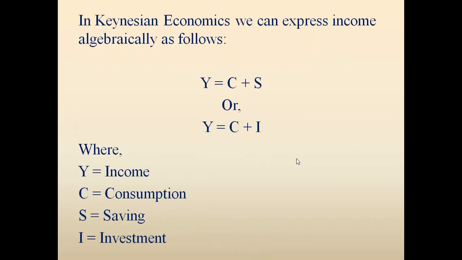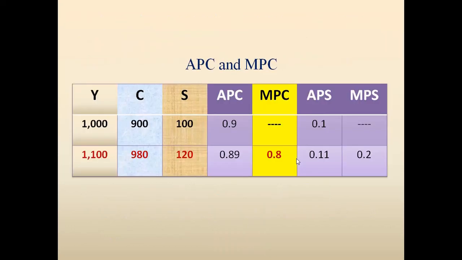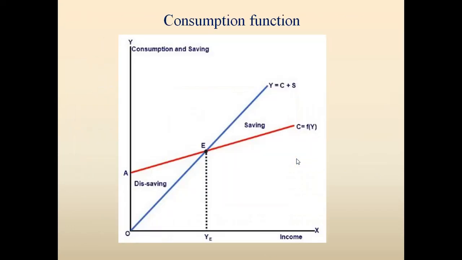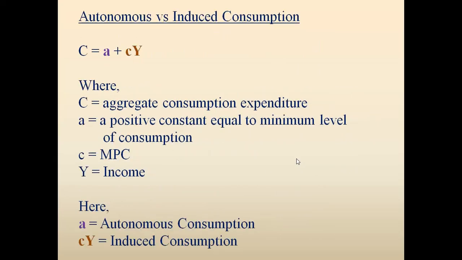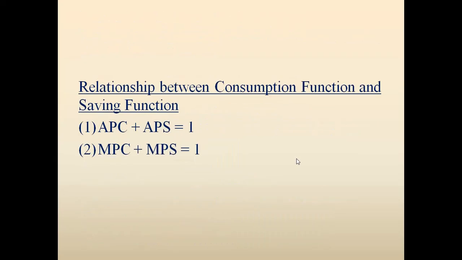Because we already know that Y equals C plus S. Either the entire income is used for consumption expenditure or some portion of income is saved. And 1 defines the full amount, that is your income. 1 is actually your whole number.